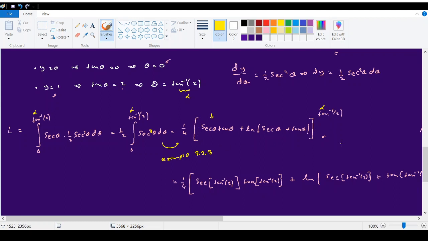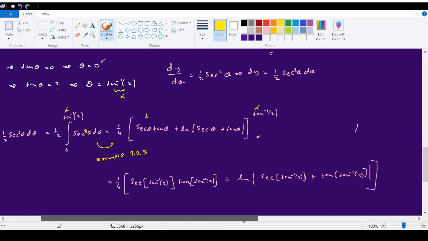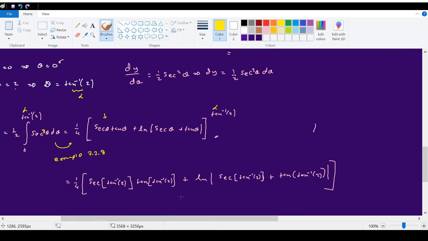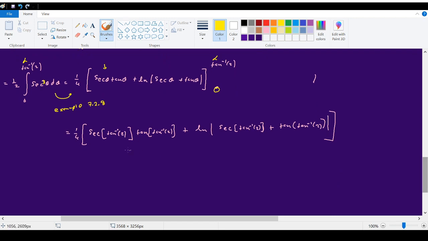Okay, so once you have this one, now here you have the alpha, and then you can substitute upper and lower limits, right? For the lower limit you have 0, and that won't make any problem, right? Because tan theta will be 0, right? And when you have this one, I will rewrite it with alpha.